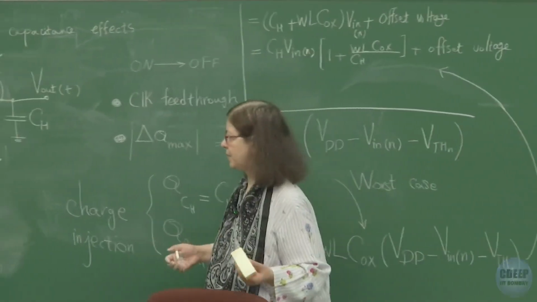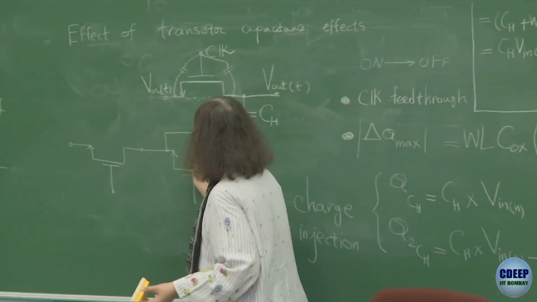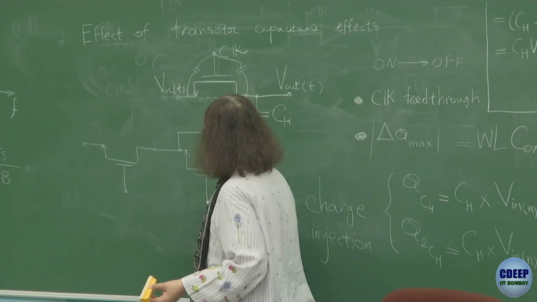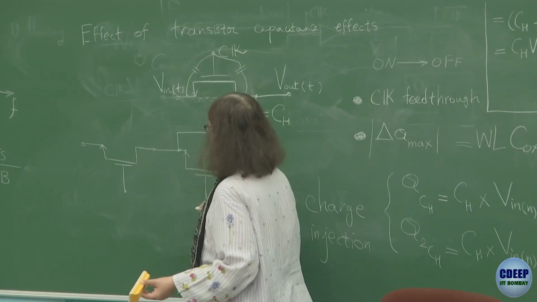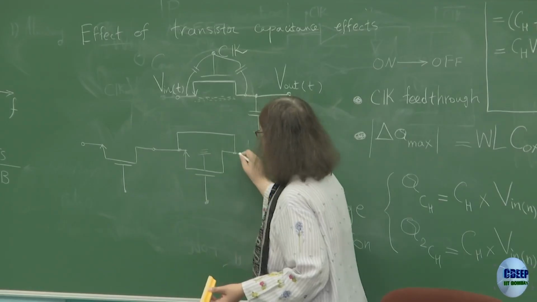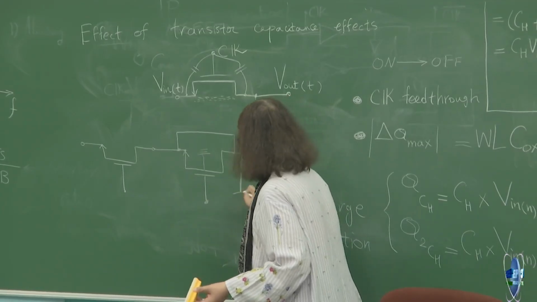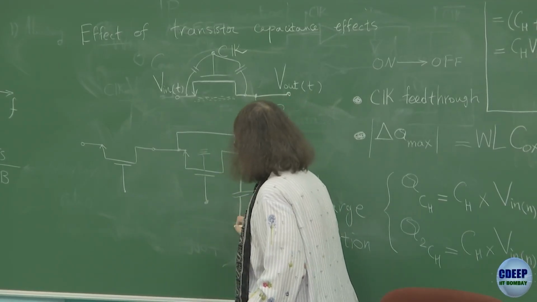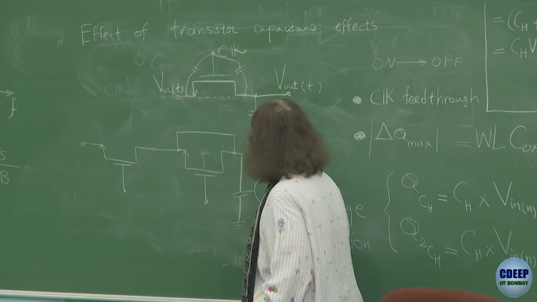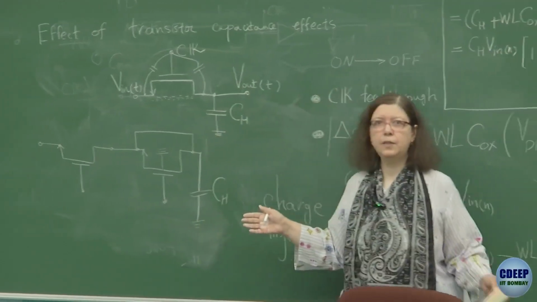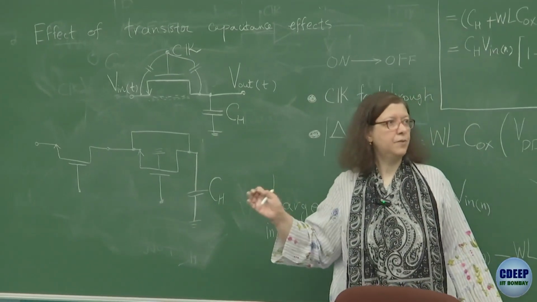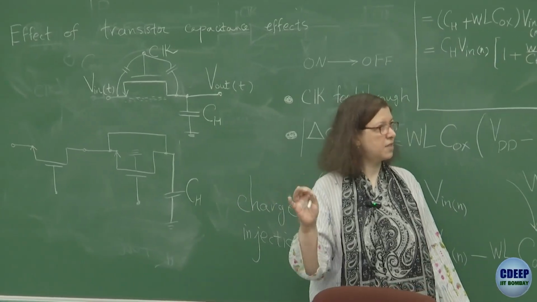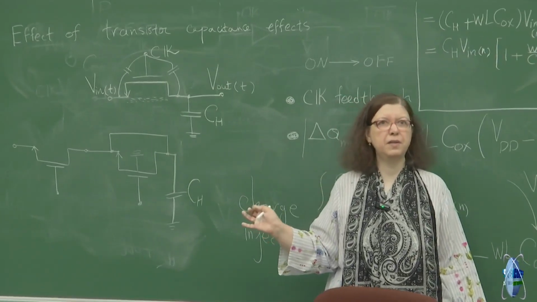It's a two-terminal device for you. Bulk is connected to ground, so it's not counted here. Now suppose I have this, and all these nodes are the same. So here you have still a CH. All we want is that when the main transistor turns off, this transistor turns on.